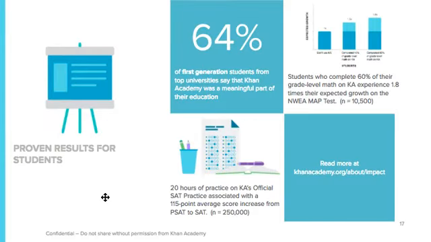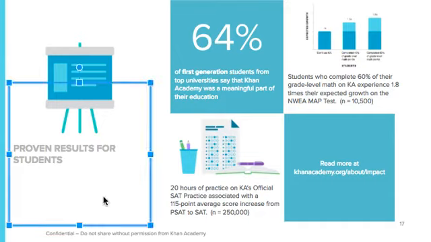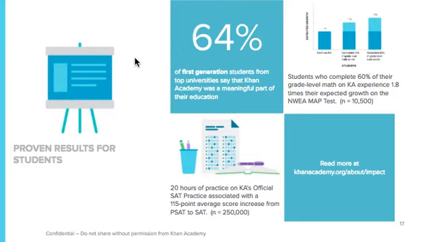It's early on right now with Khan Academy and College Board partnering for AP Calculus, but they partnered last year on the SAT, and I thought this data would be good to share. So, proven results for students. 64% of students from top universities say that Khan Academy was a meaningful part of their education. 20 hours of Khan Academy SAT practice is associated with a 115-point average increase on the PSAT and SAT.